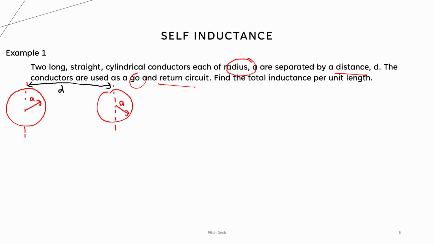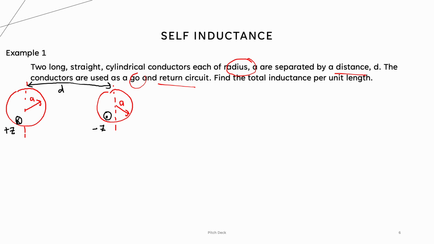They are used as go and return circuit, meaning the current in one will be in the positive z direction, and the other in the negative z direction. For positive z direction, it will be going up, and the other one is vice versa. Once we know the directions of the current, we can determine the directions of the H field by using the left hand rule, right?